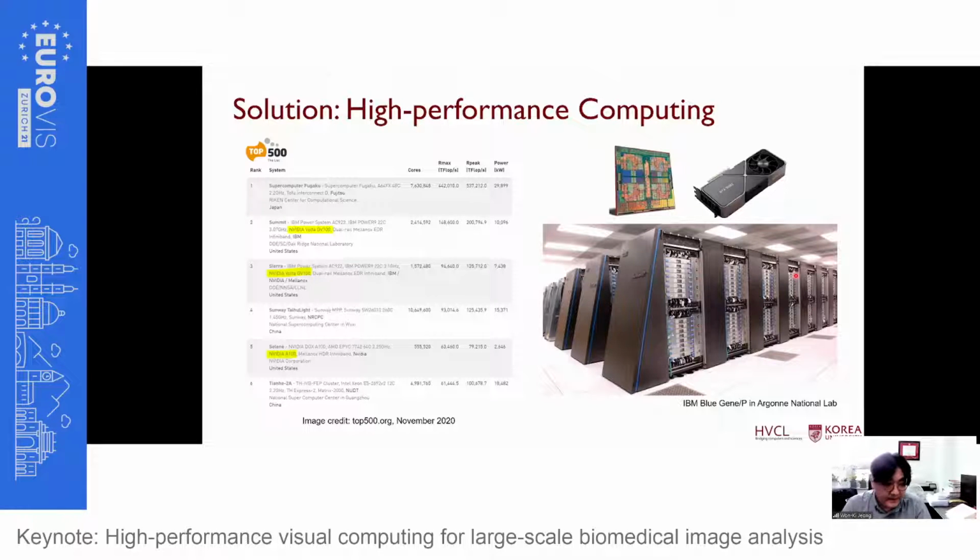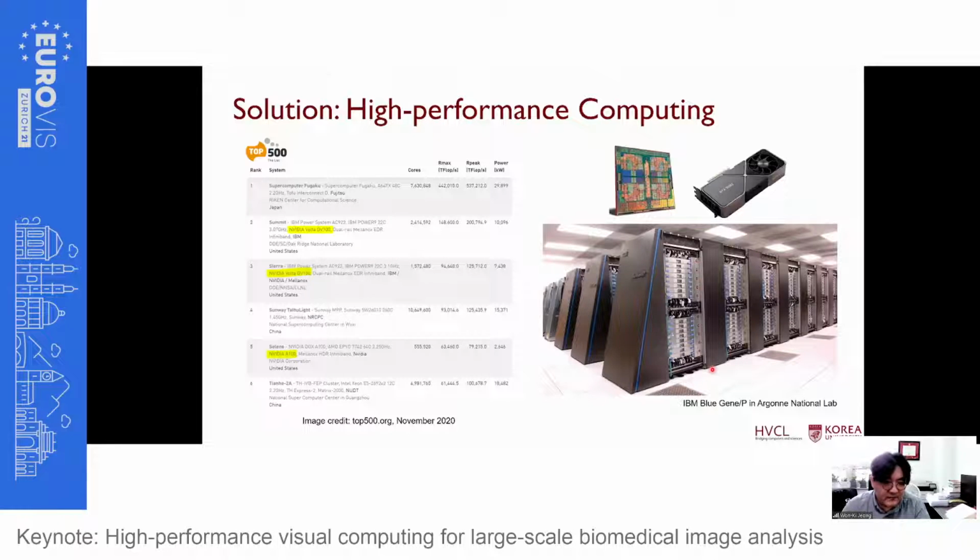As you can see here, in the recent TOP500 list, which is the world's fastest supercomputer list, more than half of those have accelerators like NVIDIA GPUs, which means these days parallel systems are getting more hybrid.